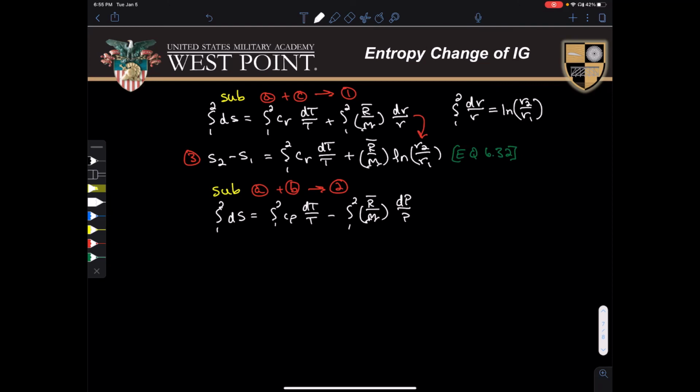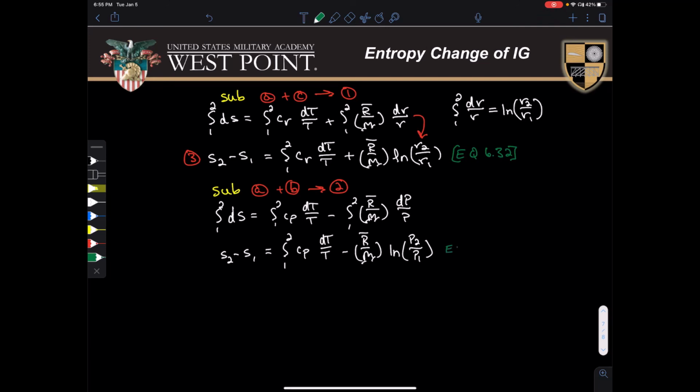And again, simplifying our integral on the left-hand side and our integral on the far right-hand side, applying our knowledge of the natural log, we have our final form of this equation, where our entropy at state 2 minus our entropy at state 1, our entropy change, is equal to the integral from state 1 to state 2 of the specific heat at constant pressure, dT over T, minus the universal gas constant R bar, molecular weight M, times the natural log of pressure at state 2 divided by pressure at state 1.